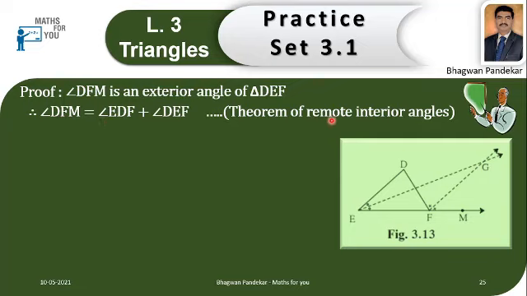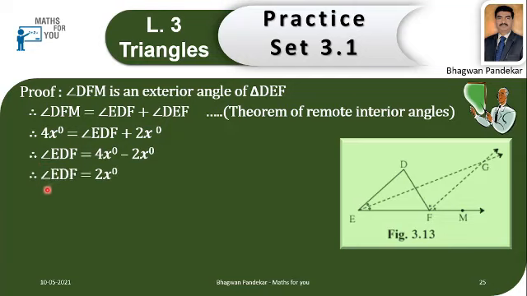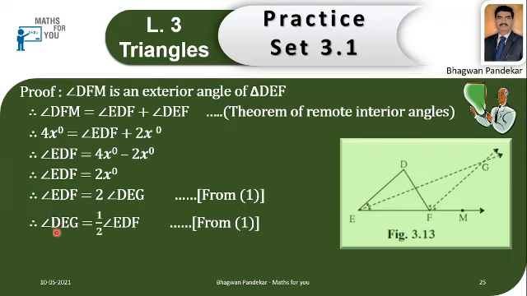Reason is theorem of remote interior angles. Therefore, 4x degree is equal to angle EDF plus 2x degree. Therefore, angle EDF is equal to 4x degree minus 2x degree. Therefore, angle EDF is equal to 2x degree. Therefore, angle EDF is equal to 2 into angle DEG from equation first. Therefore, angle DEG is equal to 1 upon 2 into angle EDF.